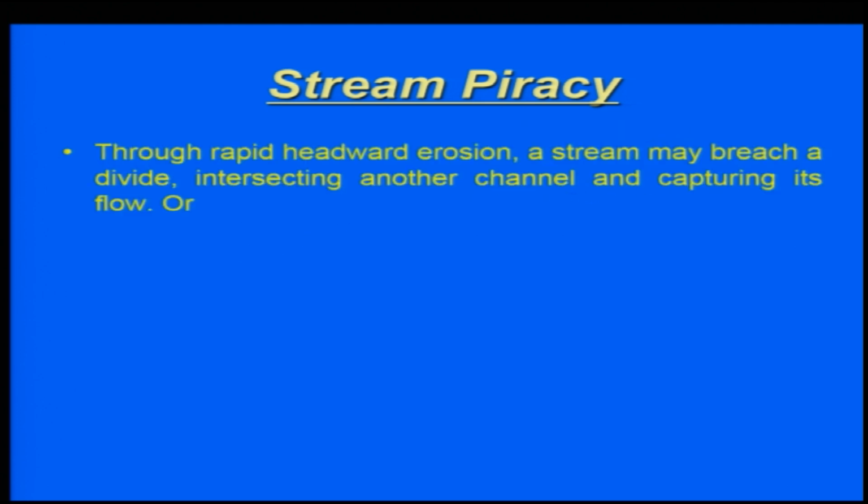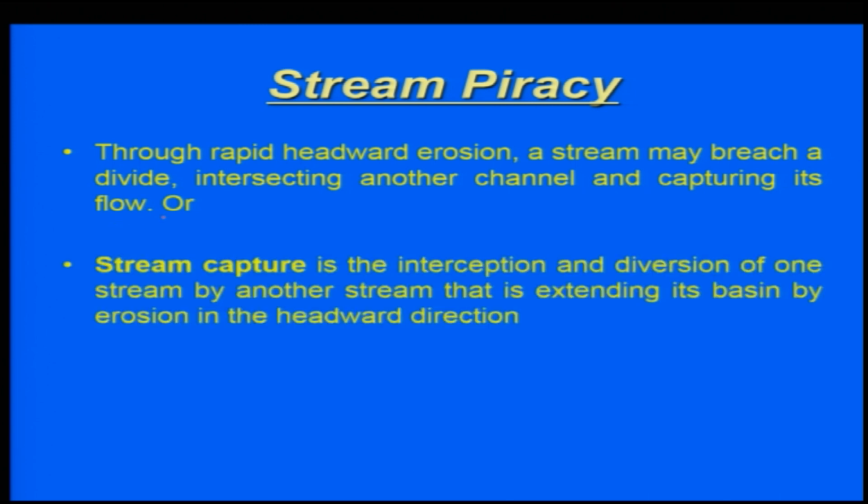Through rapid headward erosion, a stream may breach a divide, intersecting another channel and capturing its flow. Stream capture is the interception and diversion of one stream by another stream that is extending its basin by erosion in the headward direction. So it keeps eroding towards the headward direction, and finally it will reach that extent that it will capture the stream. Okay.